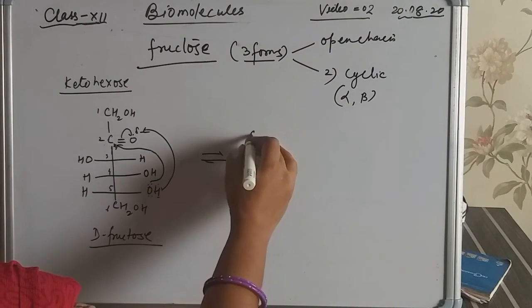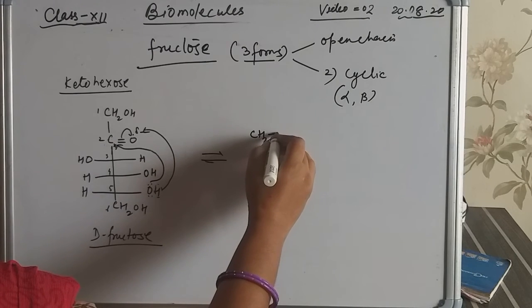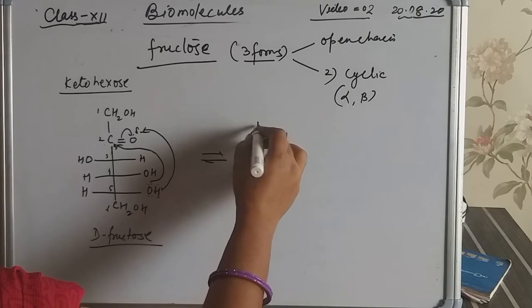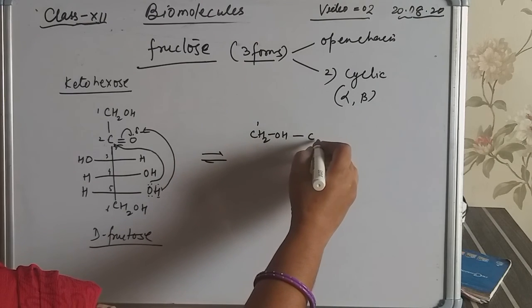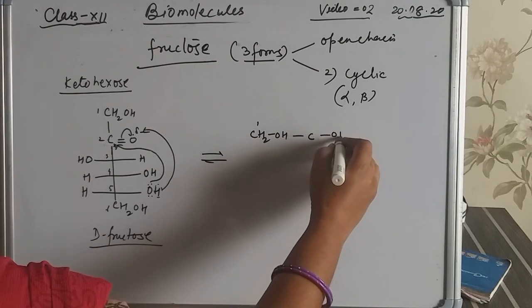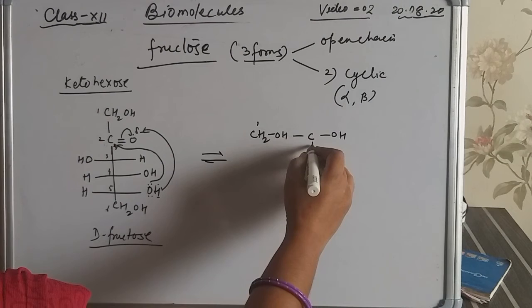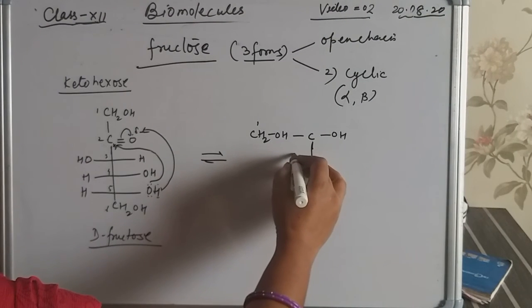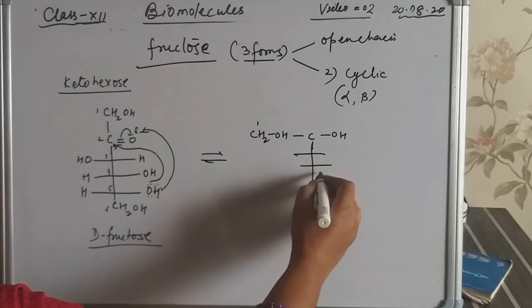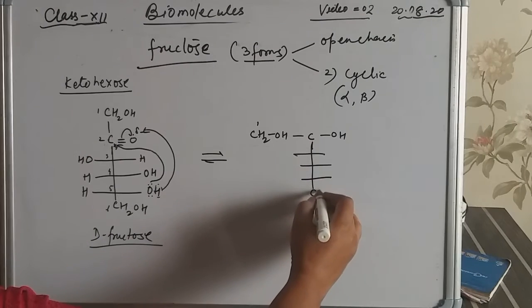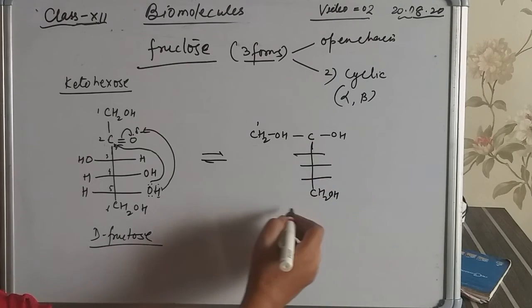CH2OH is carbon number 1 and the number 2 carbon has OH on the right side, and 1, 2, 3, 4, 5 and 6, CH2OH.